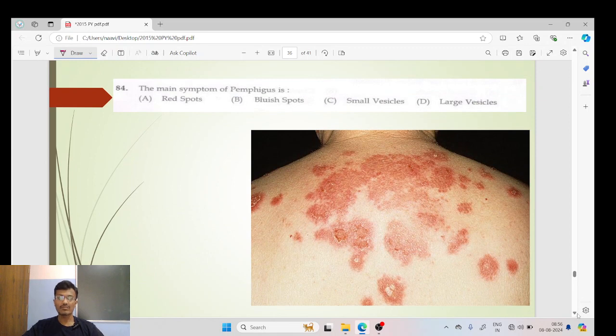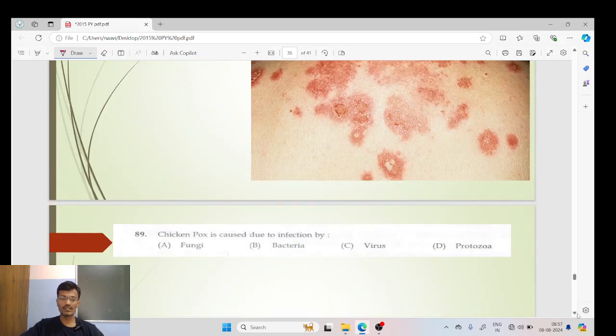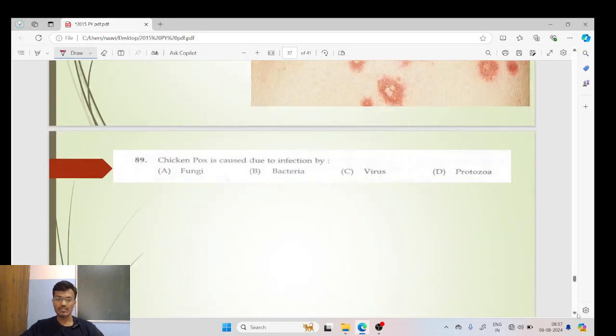The main symptom of pemphigus is large vesicles, not small, not bluish, not red. Large vesicles. Chickenpox is caused by infection by not fungi, not bacteria, not protozoa. The answer is viruses.